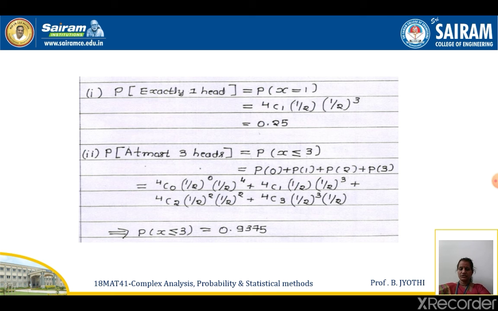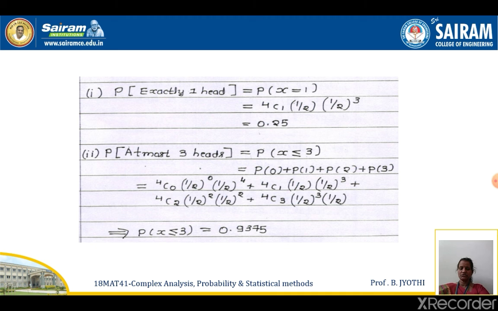First solution: the probability of getting exactly one head, that is, P(x = 1).